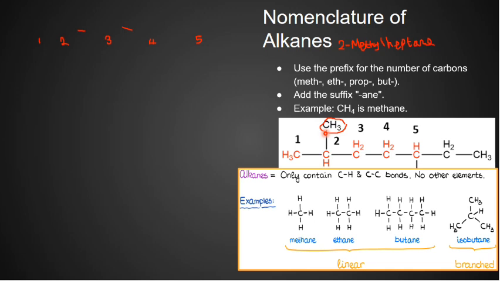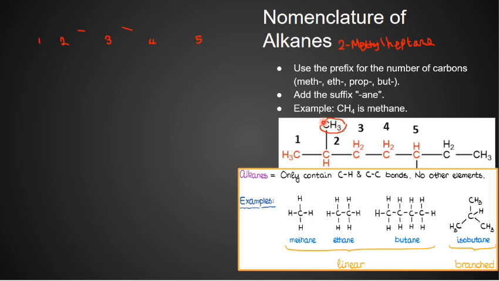So whenever you have a substituent group attached, you also have to name that substituent group. So first you need to consider the longest carbon straight chain, which is the one you are looking at, this linear chain. So we have 1, 2, 3, 4, 5, then we still have 6 and 7 though.